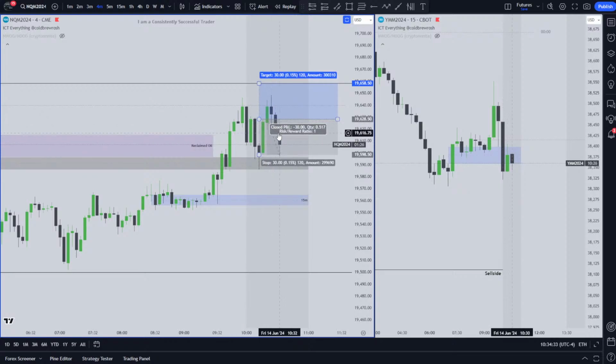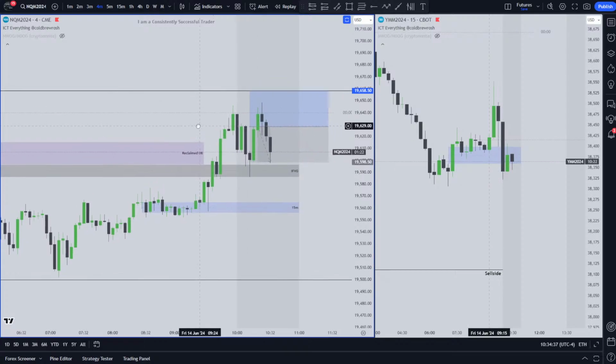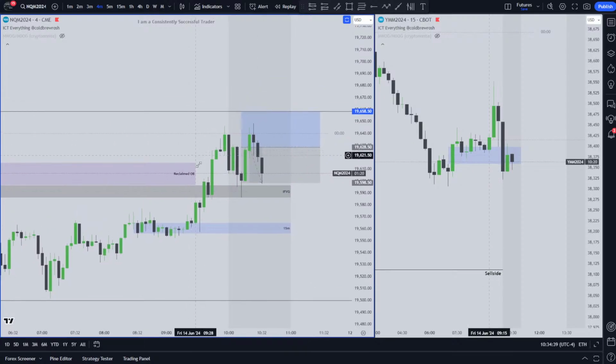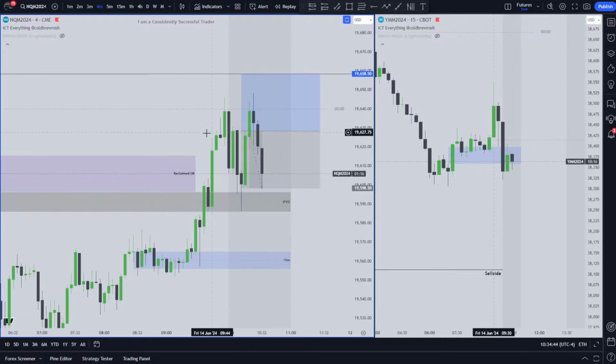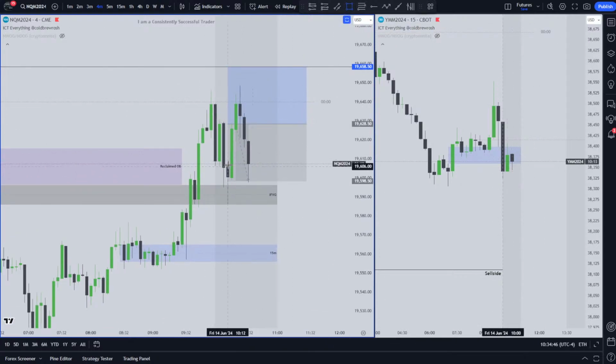Entry was on that PD array. Stop loss was almost a rejection block. It is possible that maybe I just had a very short stop loss, and that we might have swept it by the tiniest bit to then go higher. Because this happened yesterday, really, actually.